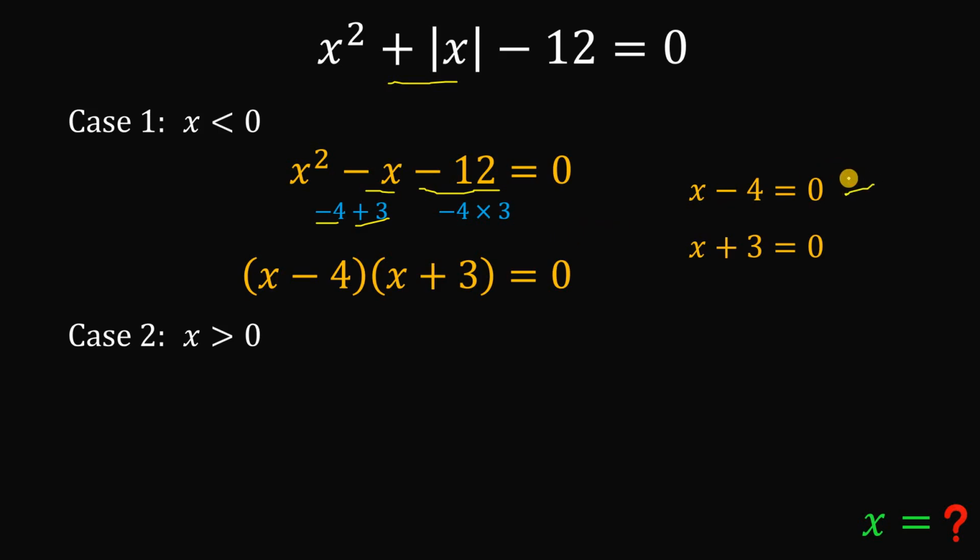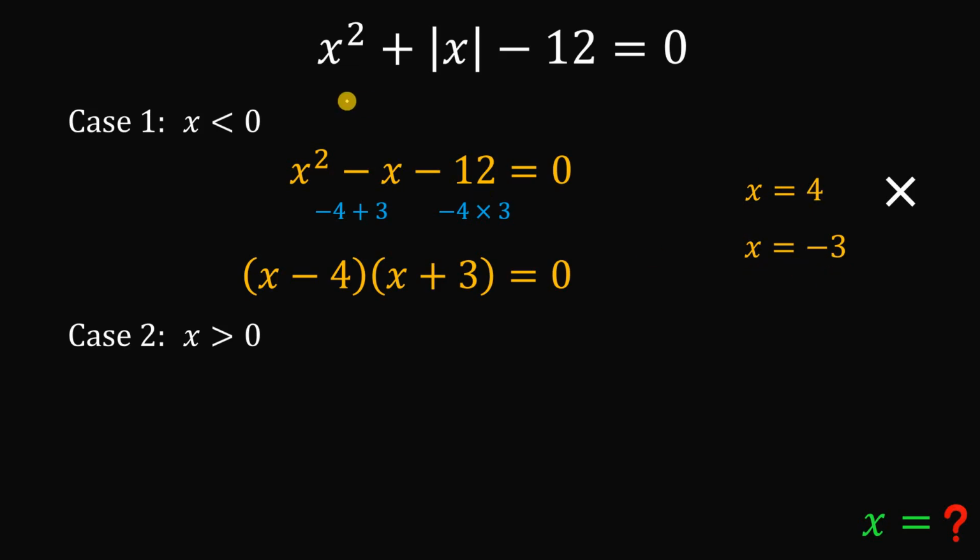On the first equation, if we add 4 on both sides, we get x equals 4. And when we subtract 3 on both sides of the second equation, we get x equals negative 3. Now let's check. If x is 4, we have 16 plus 4 minus 12. So 16 plus 4 is 20, minus 12 is not equal to 0. So therefore, x equals 4 is not part of our solution.